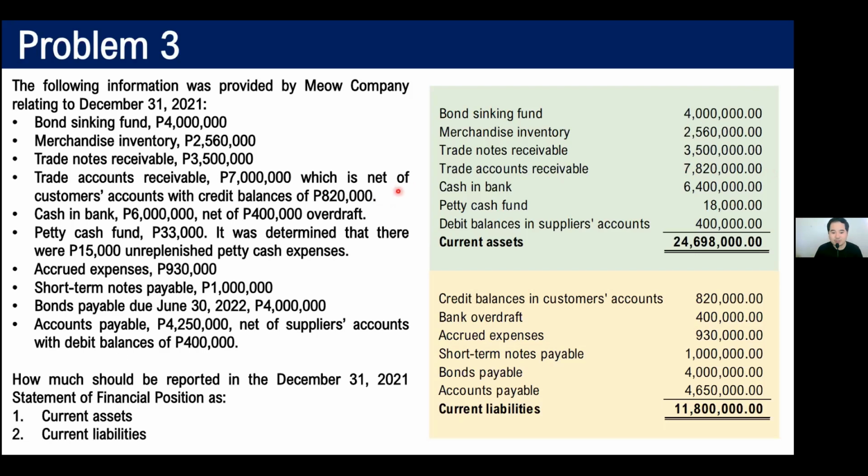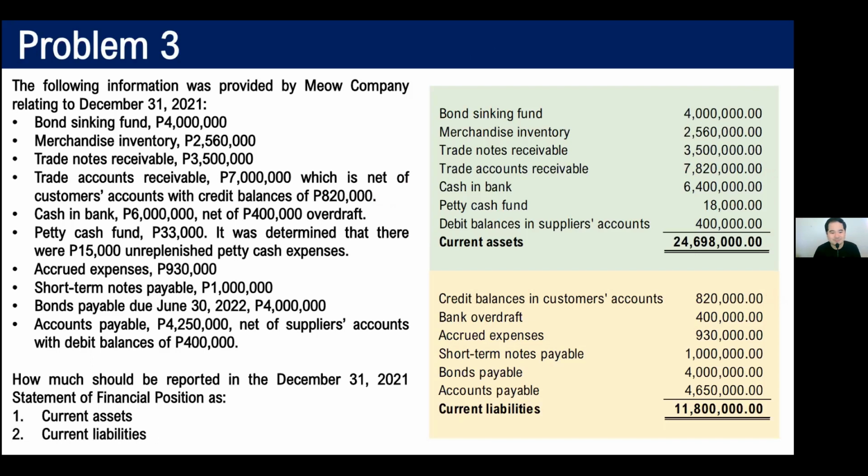However, yung 820,000 parang ang nangyari tuloy, parang tayo pa yung may utang sa ating customers, 'di ba? Parang kasalanan ko, 'di ba? Okay. So ang gagawin natin, you separately report your 820,000 as a current liability, credit balances in customers accounts. Okay? Ganun po 'yun ha.